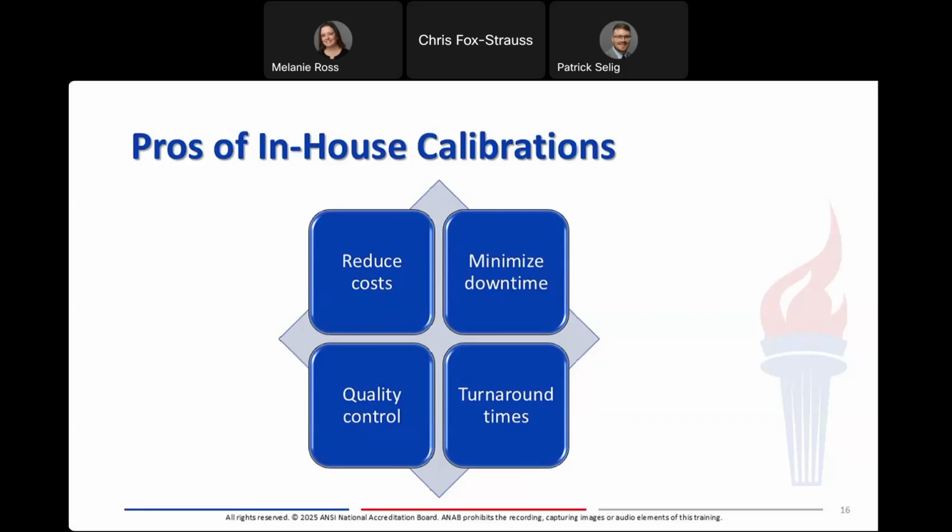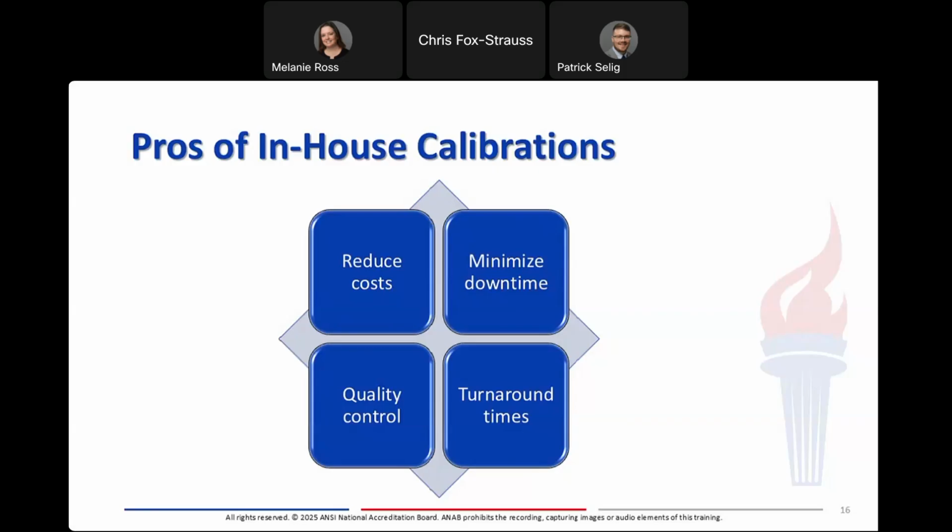If the laboratory does not have personnel that are capable of performing the in-house calibrations, it could increase cost in the beginning in order to train personnel to perform those calibrations. Minimizing downtime is because the equipment can be calibrated on site in line with the laboratory's testing schedule. Equipment doesn't have to be mailed out and sent back, which could increase downtime.